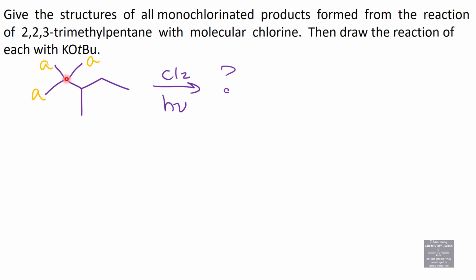Does this carbon need a B? No, there are no hydrogens on that carbon. So I'm going to put no B there. What about a B here? Any other hydrogens like that hydrogen? No. Here's the rest of my letters. You would have known that there are five chemically equivalent types of H's. Yep. What that will mean is we make 5 different constitutional isomers when we react with molecular chlorine. Pause it and draw those 5 constitutional isomers.